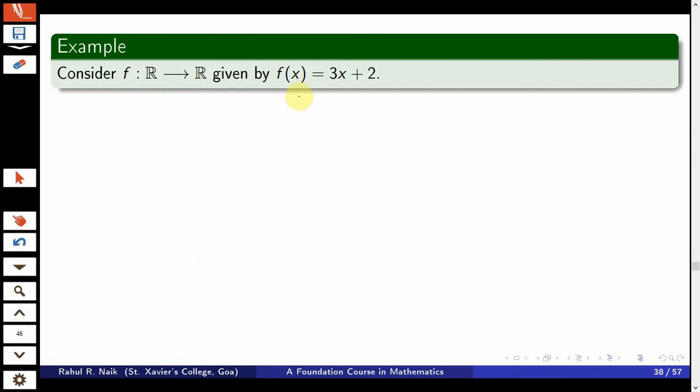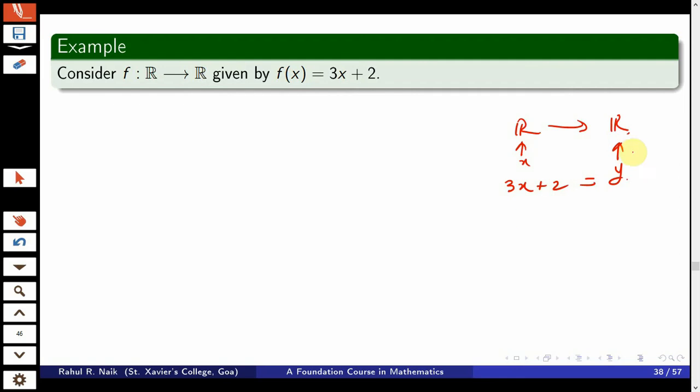Let us look at the same example, f from R to R given by f of x is equal to 3x plus 2. The question is, is this an onto function? Now, this would be an onto function provided, since I have a function from R to R, I take any point y, I should be able to find x in this R such that 3x plus 2 is equal to y.